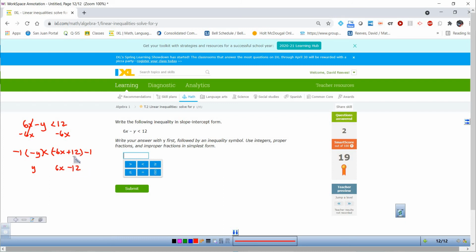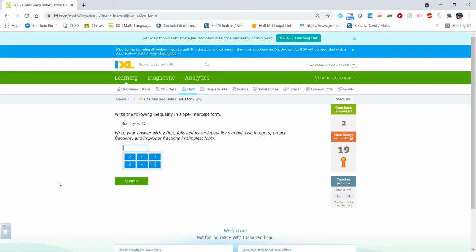But I multiplied by a negative 1, so I'm going to reverse that inequality sign, and I get y is greater than 6x minus 12.